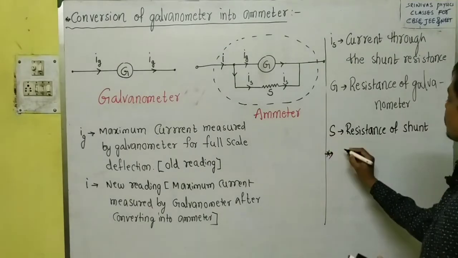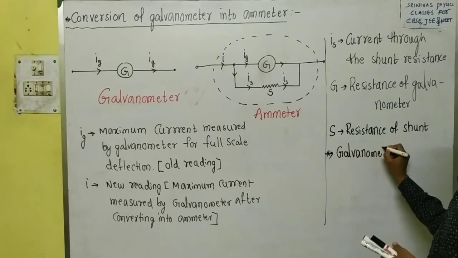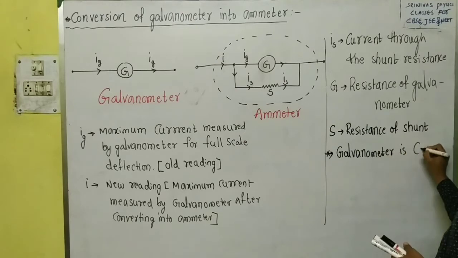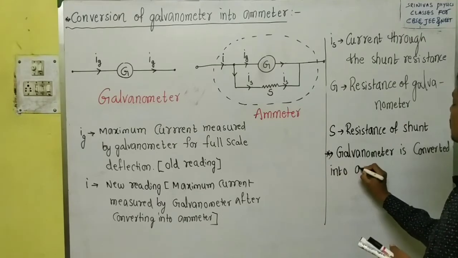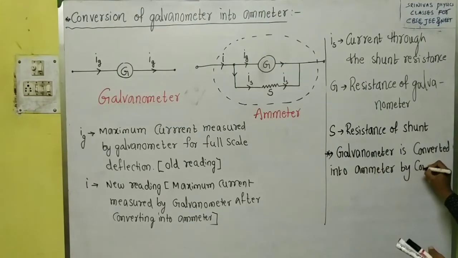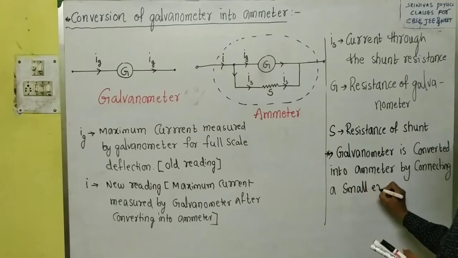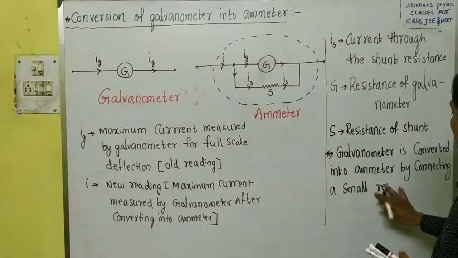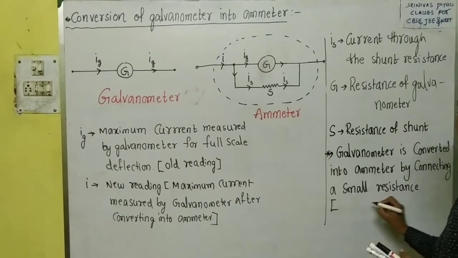I will write one point: the galvanometer is converted into an ammeter by connecting a small resistance, in brackets you write, called as shunt.